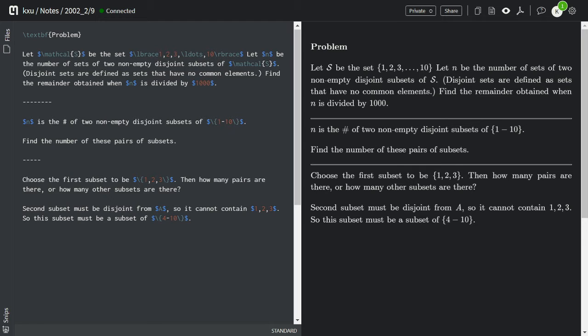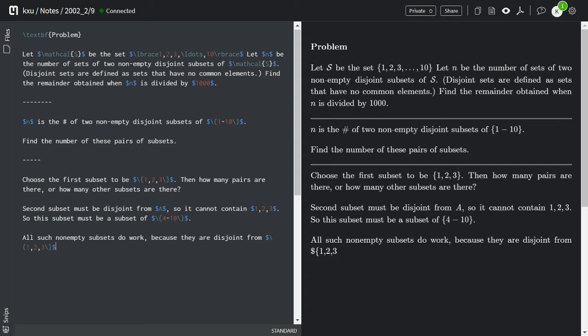Now, do all non-empty subsets of 4 through 10 work? Yes, they all do, because they are disjoint from 1, 2, 3. They don't contain 1, 2, or 3, so they're disjoint. And the other conditions hold too: 1, 2, 3 is non-empty, and we assume that our second subset is non-empty as well.